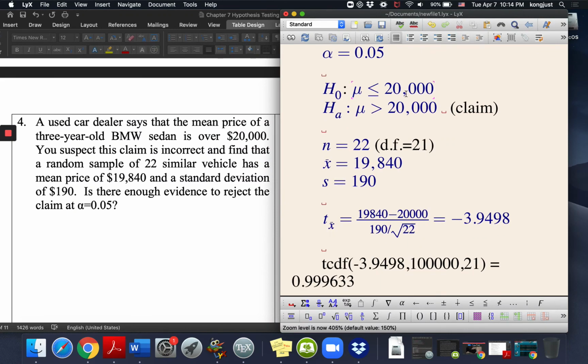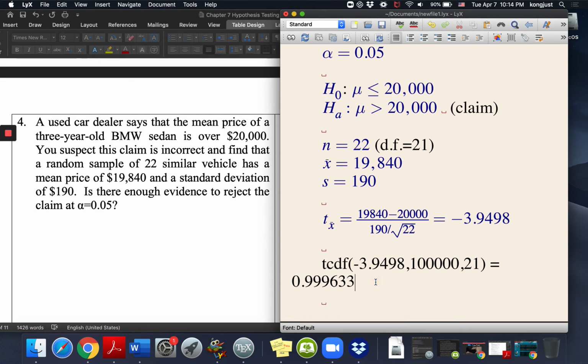So if it's less than or equal to 20,000, what's the probability that I end up with something that's less? Well, that seems pretty likely to happen. In fact, it's very likely to happen, 0.999633. So this is the value that I'm now comparing to my alpha value.